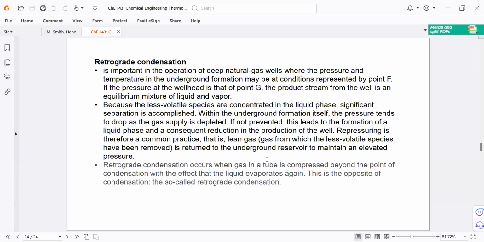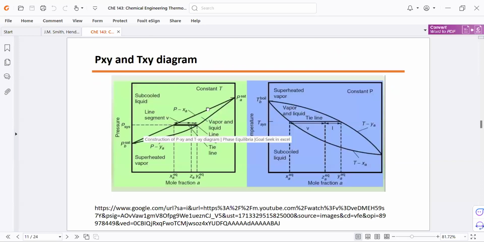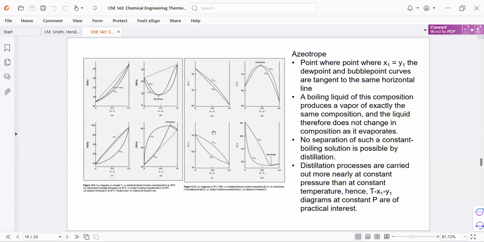Let me give you an example right here. The Px line is a straight line connecting the vapor pressures of the pure species. So this is an example of a system that follows Raoult's law.